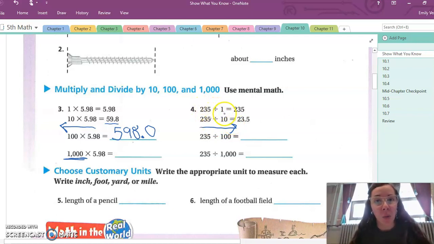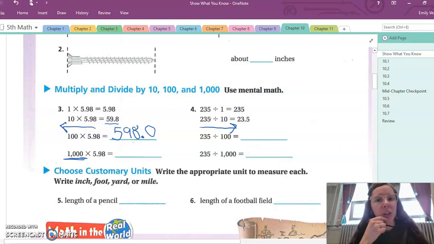235 divided by 1 is 235. Same thing as over here. Anything divided by 1 is always itself. Now we have the same number, 235, but we're dividing by 10 this time, and we get 23.5. Well, where did this decimal point come from? That wasn't up here. Where does 235 have a decimal point? Tell the adult who's with you.